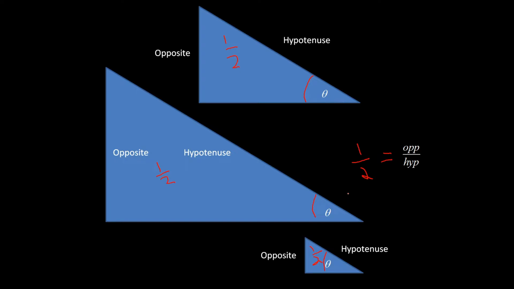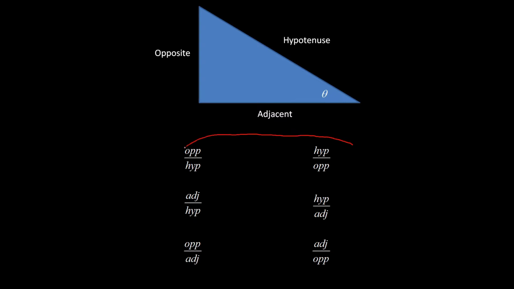They're all the same for all right triangles that have the same angle here. So there's more in common than just the angle. What's also in common with other right triangles is these ratios.